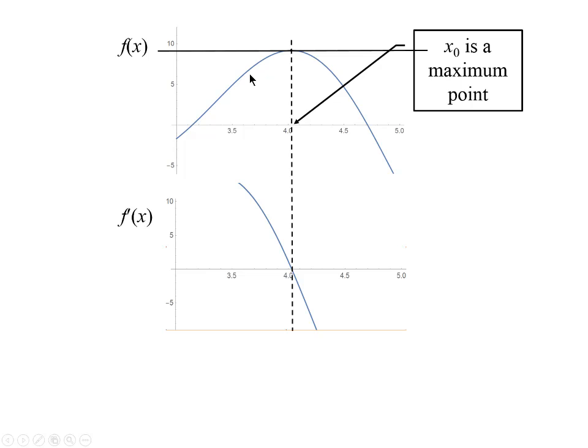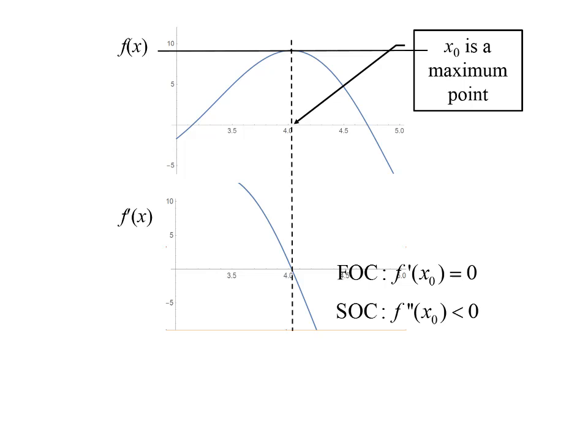To the left of this point, the slope is positive and the derivative is positive. To the right of this point, the slope of the tangent is negative and we see that the derivative is negative. And we arrive at the first order condition that exactly at this point where the function has a maximum, we have the first derivative turning into 0.